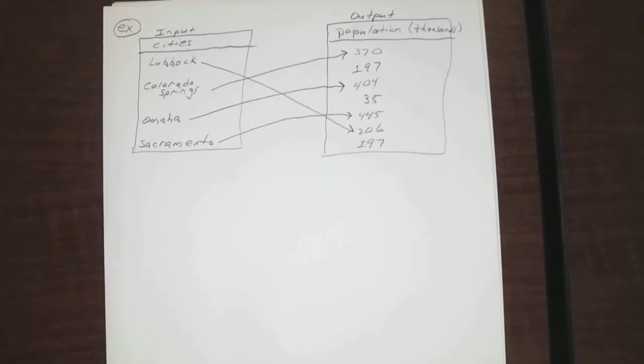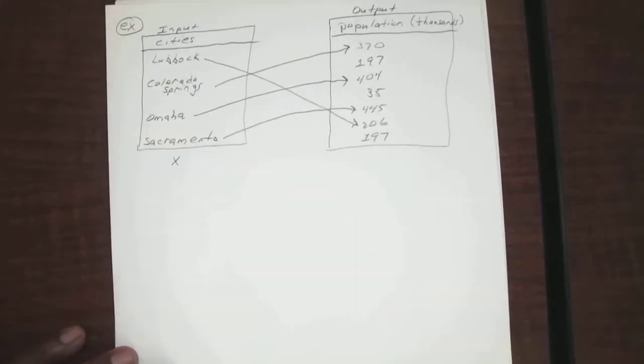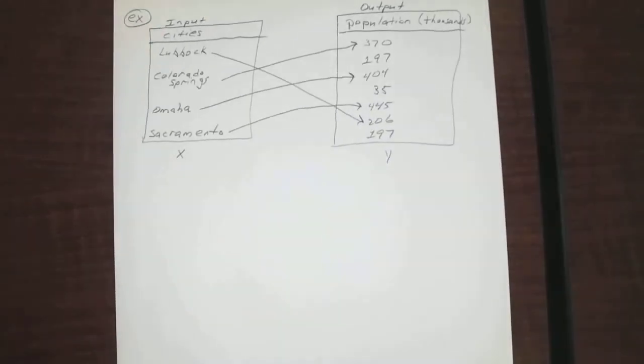Now, if it's set up like this, your input, you can think of that as just your X values. And your output, think of that as your Y value. So remember, your domain is all possible X values, or all possible input values. They're not always numbers. Sometimes they're cities, sometimes they're cars. They could be anything at all. So whatever's in that input will be your X values.